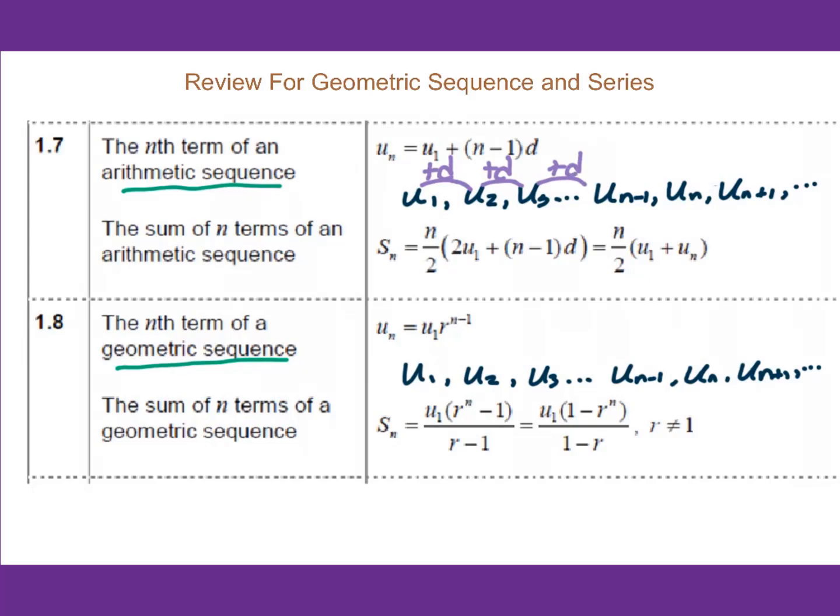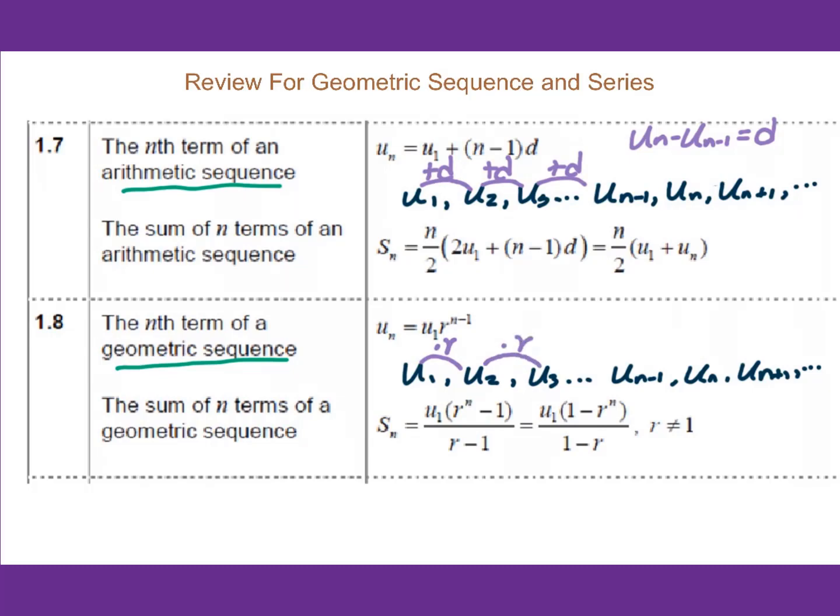In other words, when u sub n minus u sub n minus 1 equals a constant number d, we call this an arithmetic sequence. But for the geometric sequence, we keep multiplying by a constant number r to get the next term.